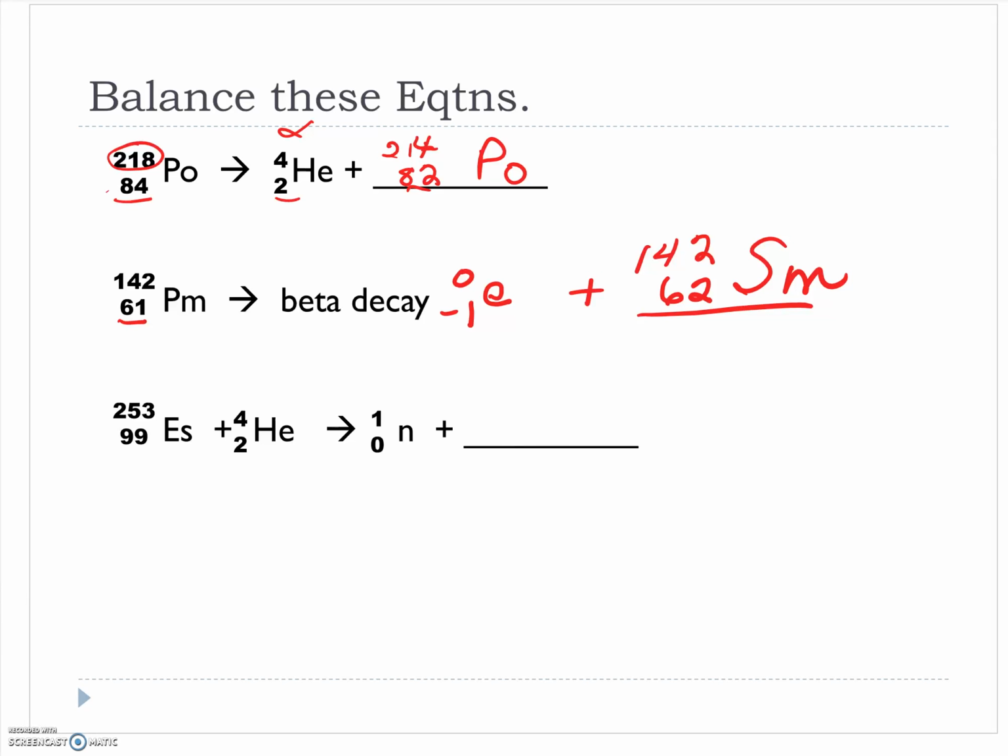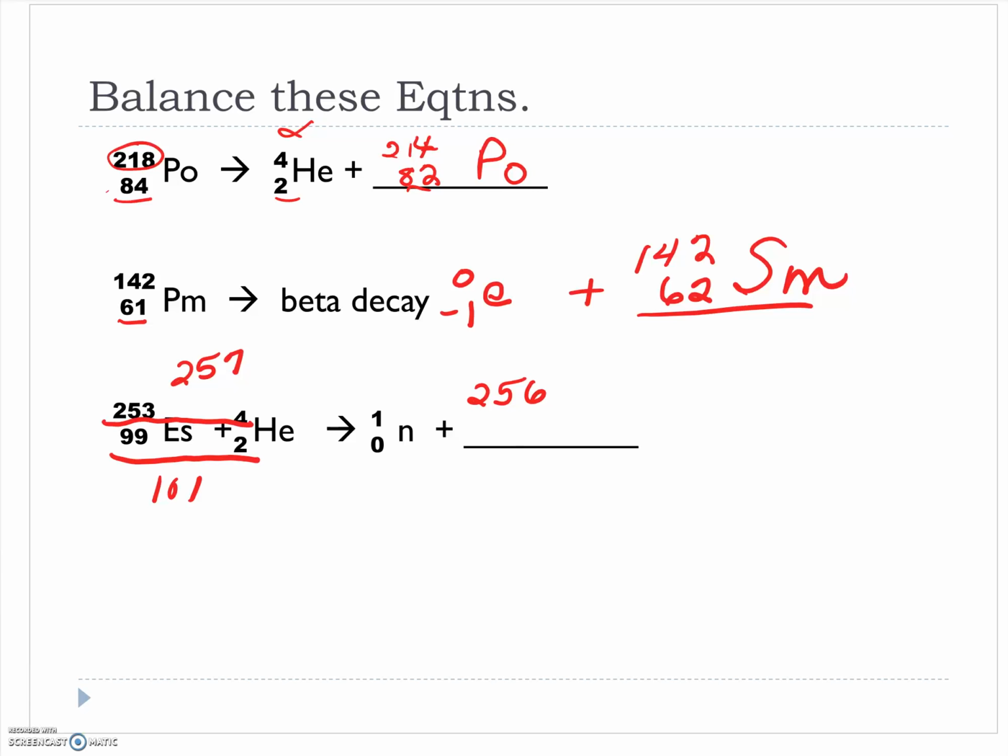Okay, this third example. 253 plus 4 gives me a total of 257. So I need 257 on this side. 1 plus 256 gives me 257. On the bottom, the total is 99 plus 2 gives me 101.